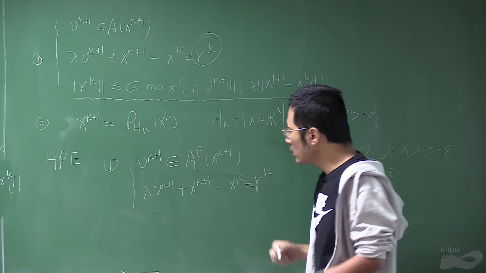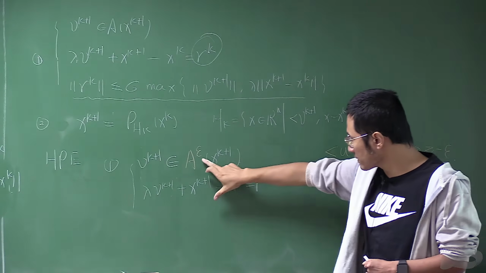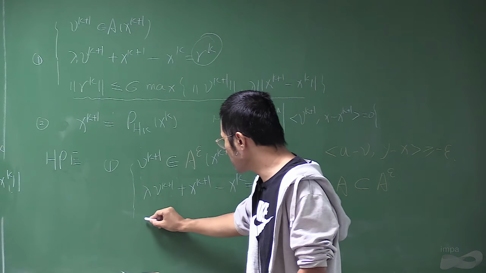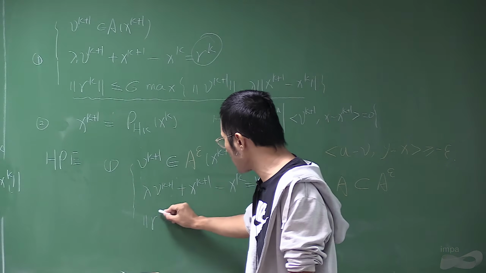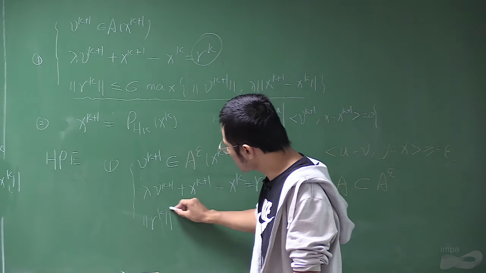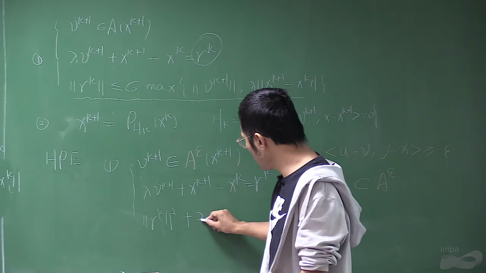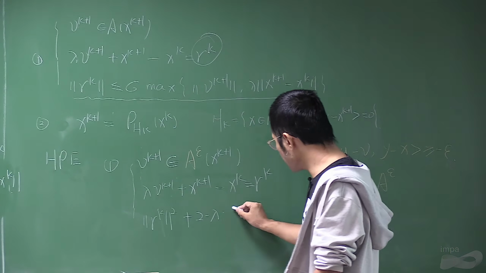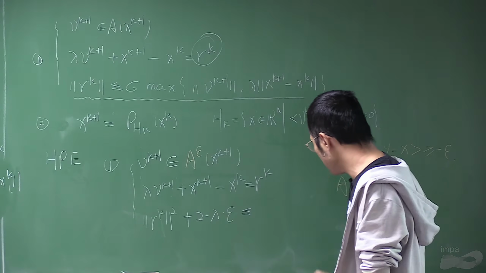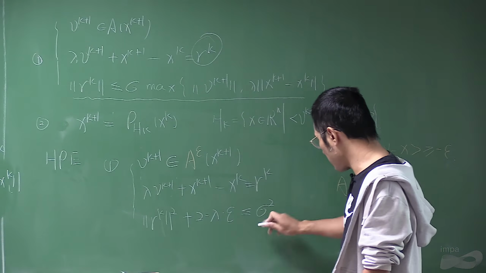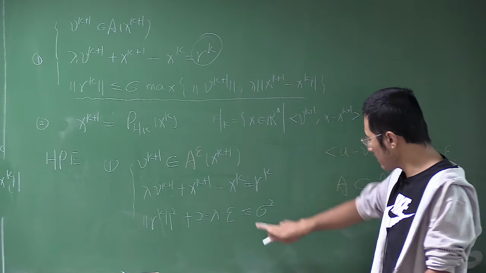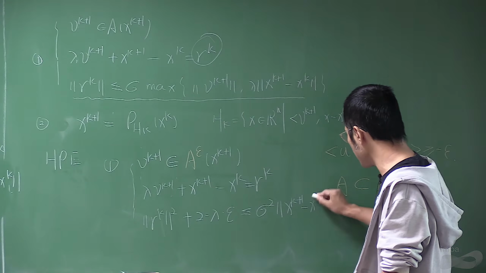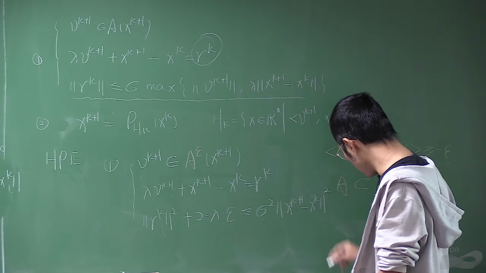But here we have two sources of errors: the first is from the operator, the second is from this system. So we assume that the norm of rk squared plus 2 times lambda times epsilon is less than sigma squared, the error parameter, times the norm of xk plus 1 minus xk squared.